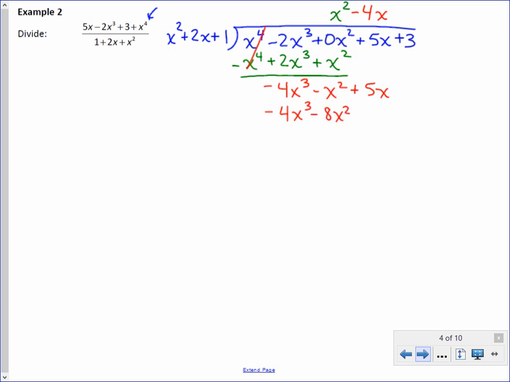Negative 4x times positive 1 is negative 4x. Okay. So goodbye negative 4x cubed, because they're the same. They cancel out. Negative x squared minus negative 8x squared is 7x squared. Positive 5x minus negative 4x is 9x.